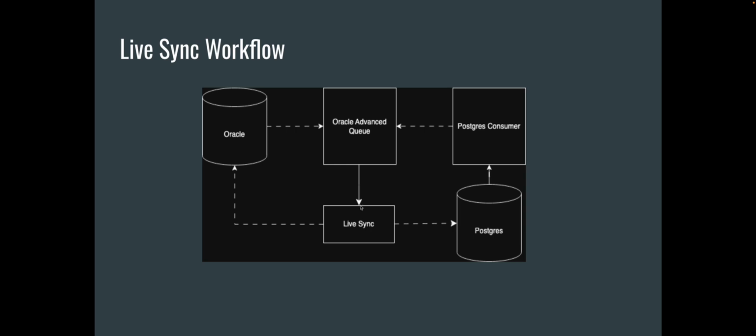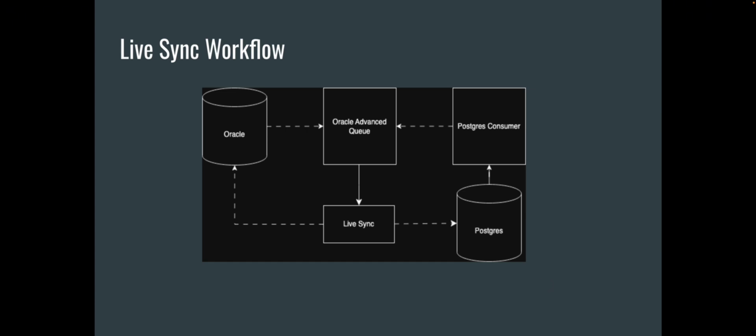So now it's either adding, updating, or deleting records in Postgres or Oracle. So there is new data that we have to add into Oracle Advanced Queue so that live sync knows where to post those updates. Is it going to Oracle or is it going to Postgres?